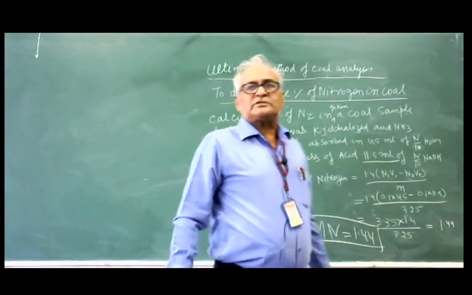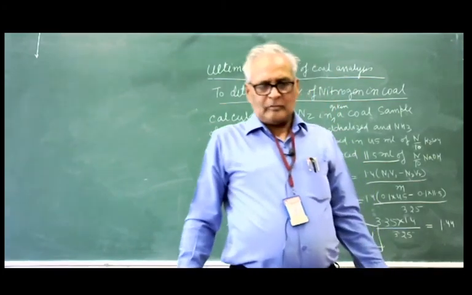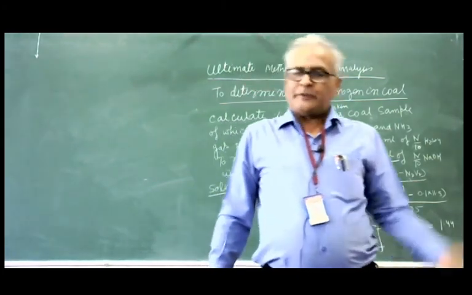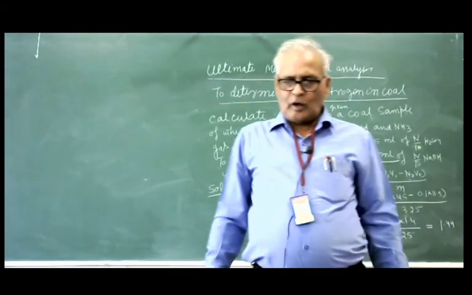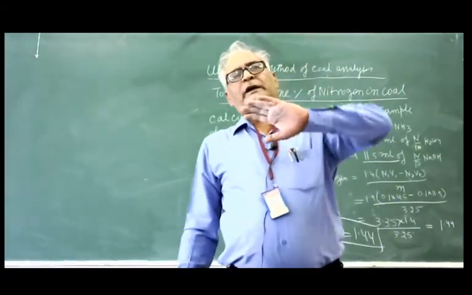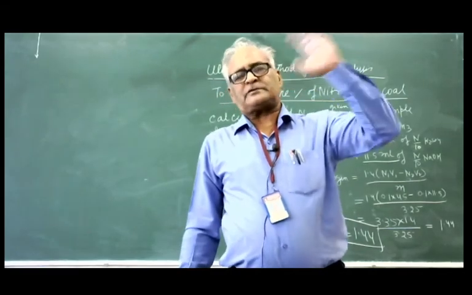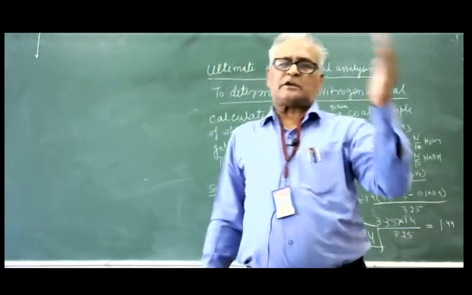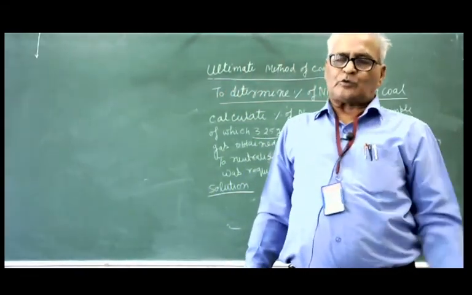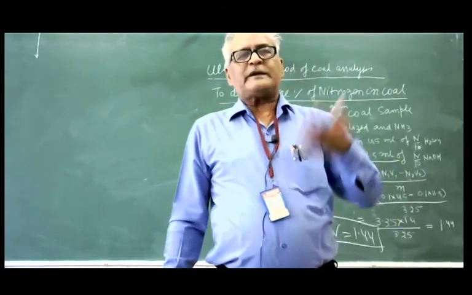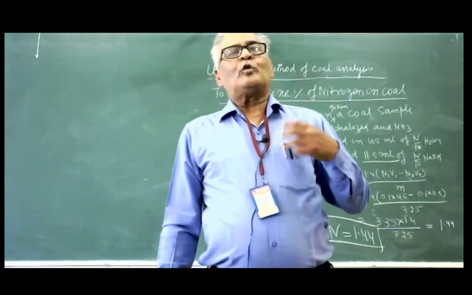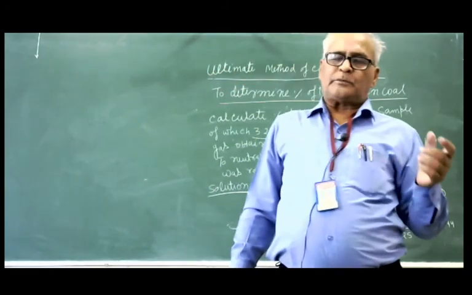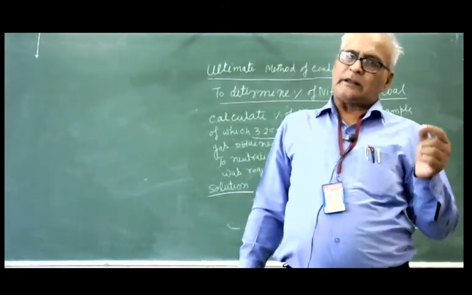So this is a very simple numerical based on the Kjeldahl process. Thus we can determine percentage of hydrogen, percentage of carbon, percentage of nitrogen, and these methods are known as the ultimate method of coal analysis.